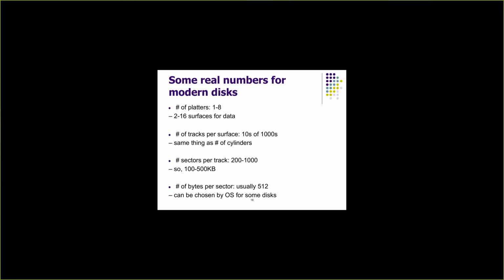So you'll have the same number of cylinders as the number of tracks. The number of sectors per track is 200 to 1,000, which translates to 100 to 500 KB. The number of bytes per sector is usually 512, as I mentioned before. However, in recent disks, you can actually choose the size of the sector.